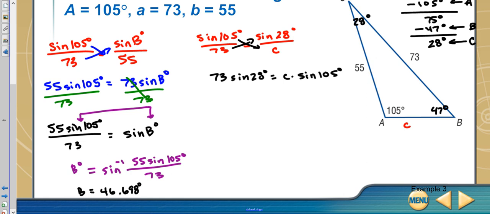Now this one will be easier because I'm looking for side length, not the angle. So I divide by sine of 105, and this should give me my answer. So 73 times sine of 28.